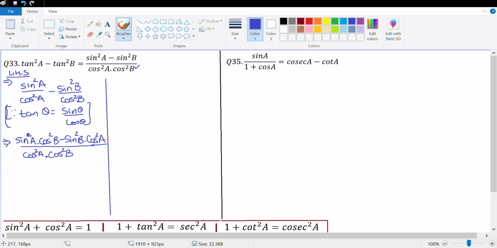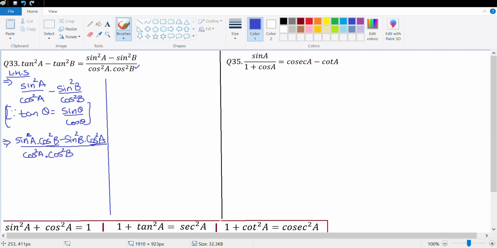So when I subtract these two terms, this is what I get. Now my job is to ensure what is there on the right hand side. On the right hand side, I notice that there is no cos square b, and there is no cos square a in the numerator.